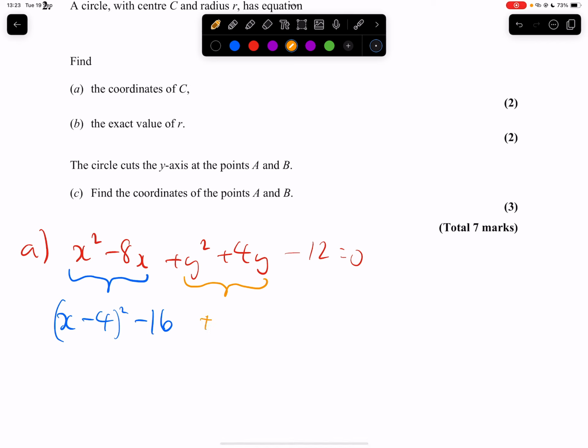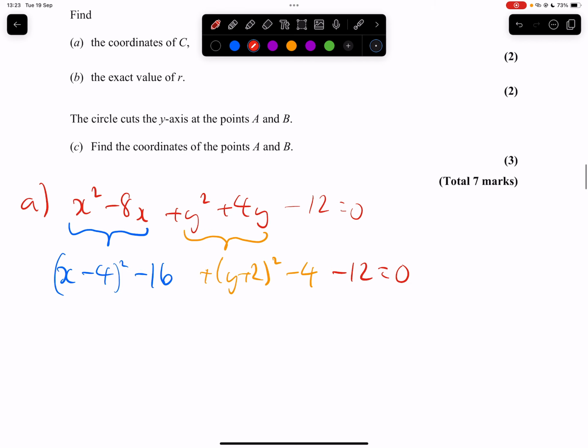And this would turn into (y plus 2) squared, take away 4 if we factorise it. And we still have the minus 12 on the end. So altogether, we have (x minus 4) squared, (y plus 2) squared, and that's minus 32, which if we put it onto the other side would mean that it equals 32.